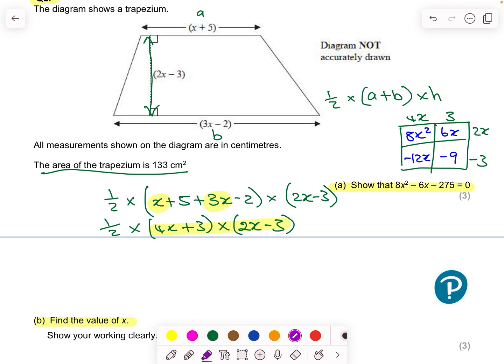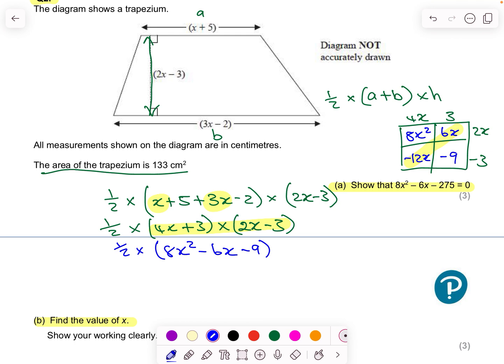I put together my like terms. So these two. And my answer is half times 8x squared, 6x take away 12x is minus 6x, minus 9.